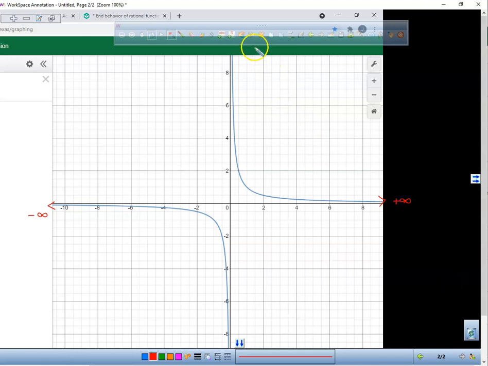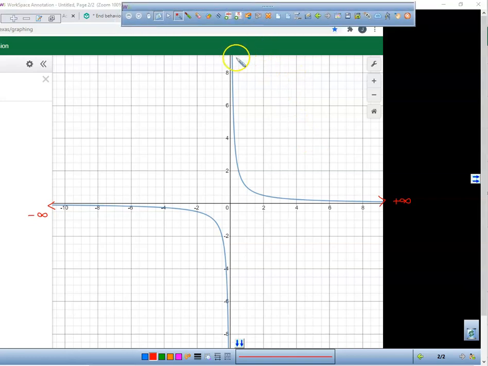If I'm going this direction, I'm going towards the end. As I go to the right, we call that going towards infinity. That's the end. Over here, this is the other end behavior.